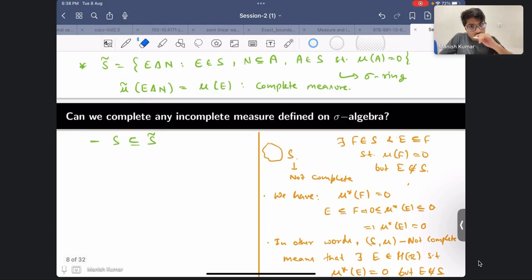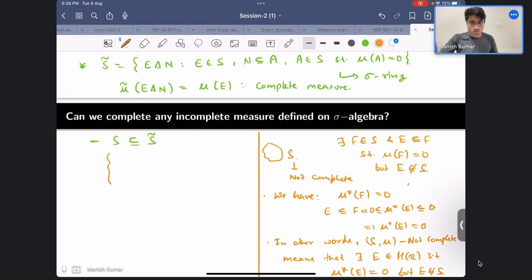Sir, if we take a set in S, which is a measurable set, then S tilde is defined as mu tilde of E symmetric difference N is equal to mu of E. Okay, so you don't have to go to the measure.